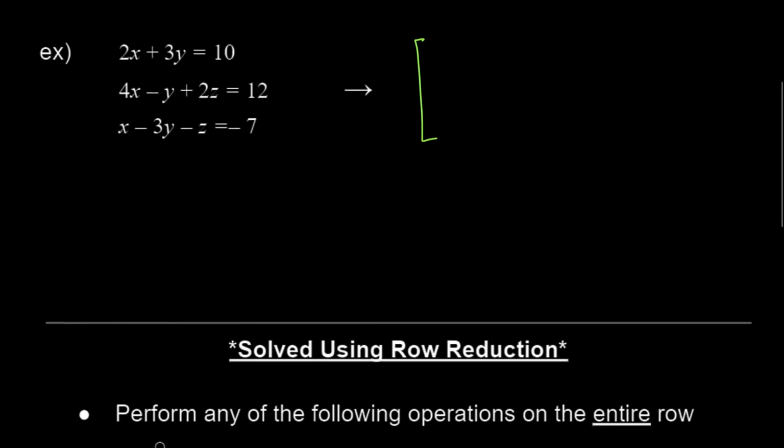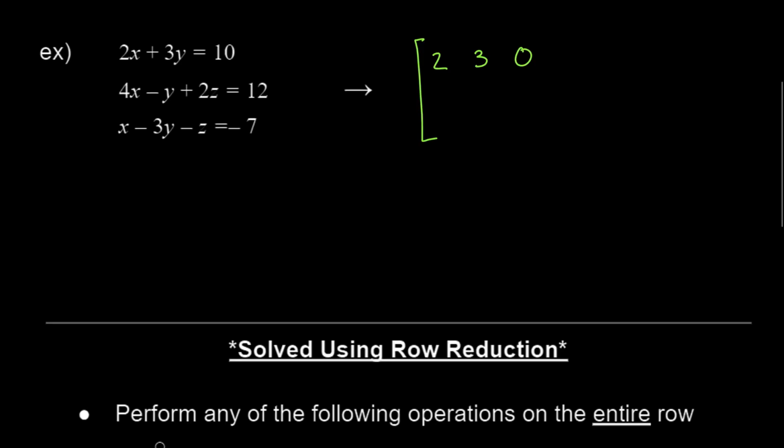So what is the coefficient on the x of our first equation? 2. So I'm going to first write a 2. What is the y value of the first equation? 3. So I'm going to put a 3. And what is the z value? Z. 0. There is no z.